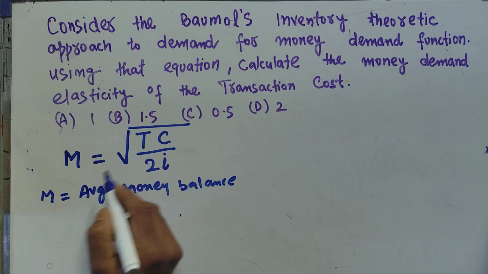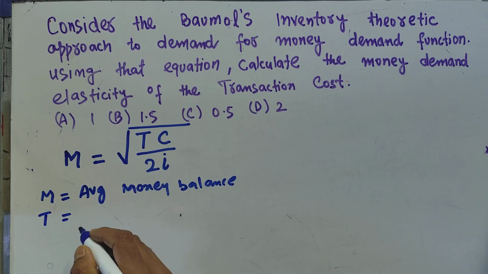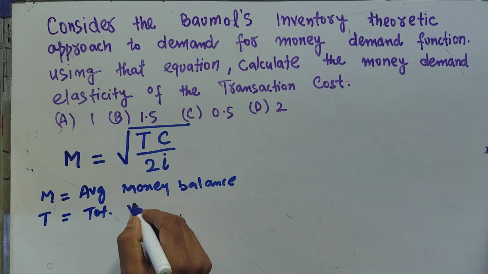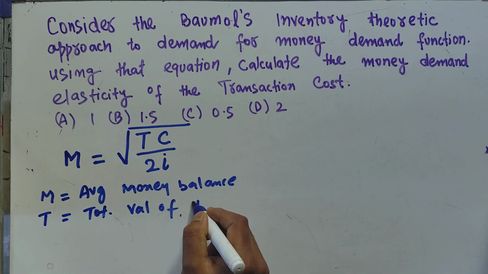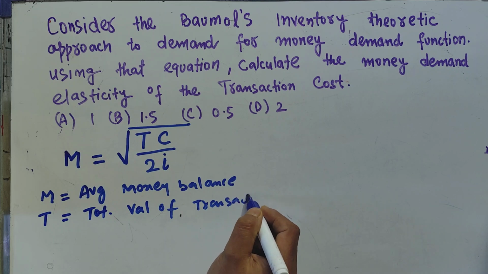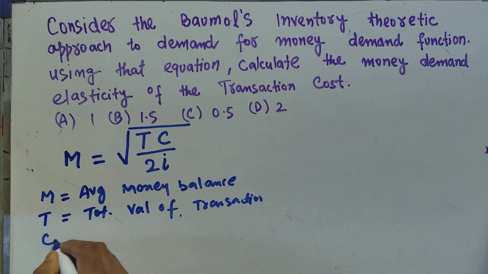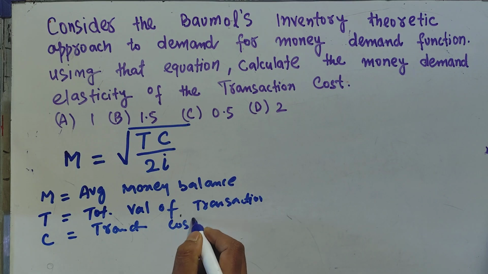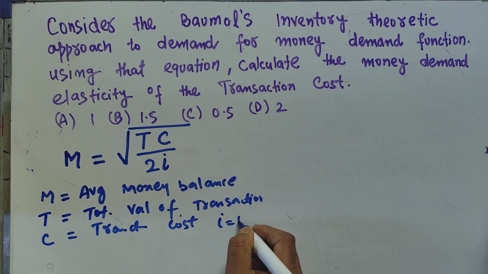Then we have T. T denotes the total value of the transaction. C denotes the transaction cost, and I denotes the rate of interest.